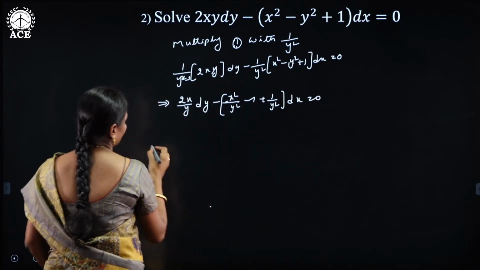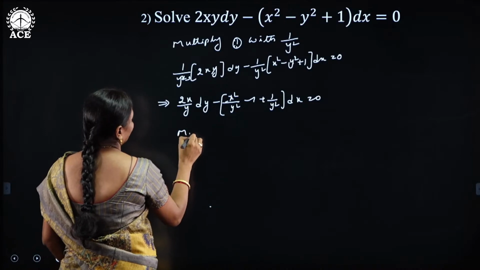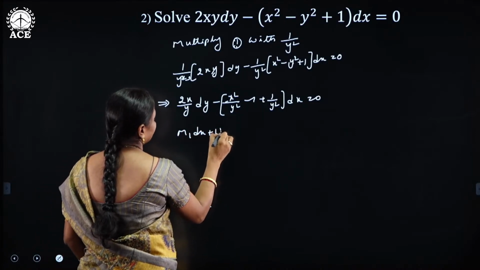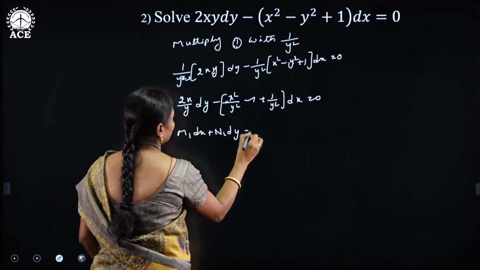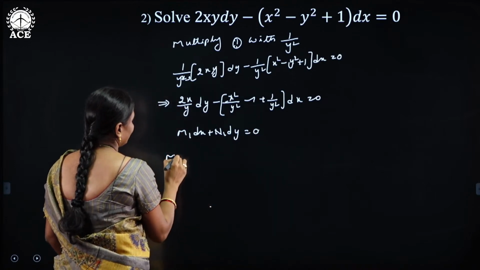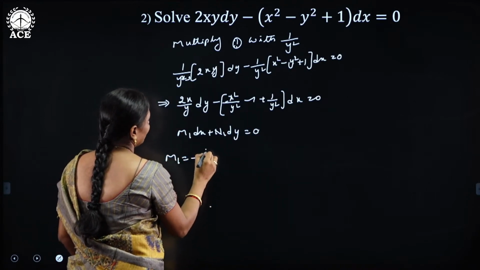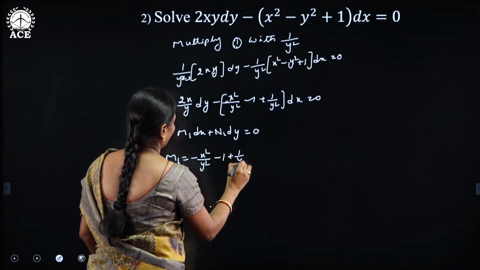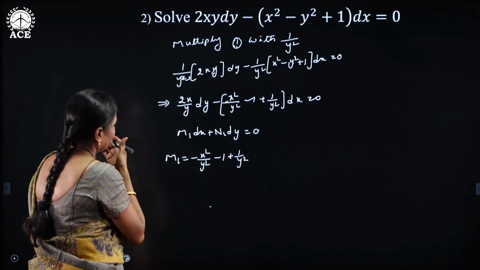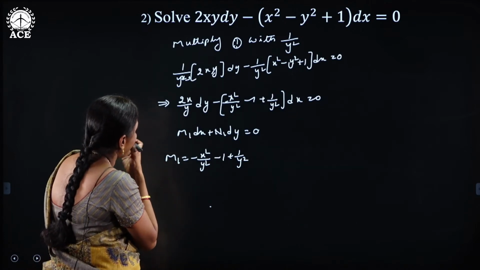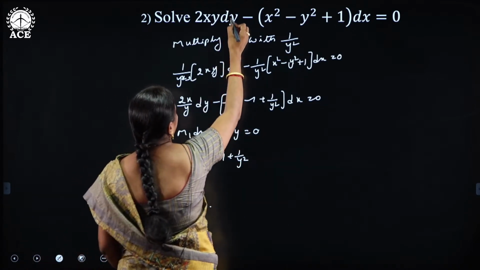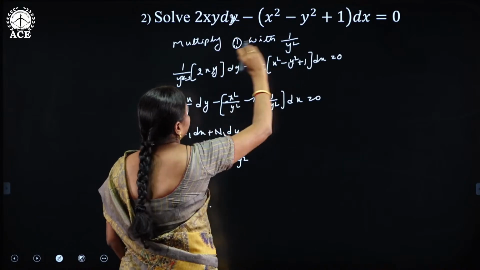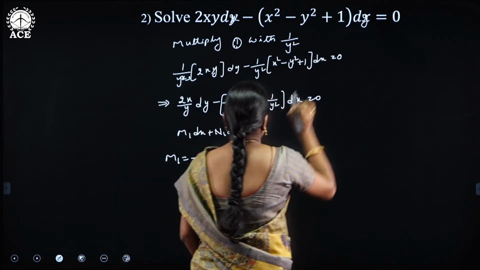Now this is of the form M1 into dx plus N1 into dy is equal to 0, where M1 is equal to minus x square by y square minus 1 plus 1 by y square. Sorry, this is dx, this is dy.